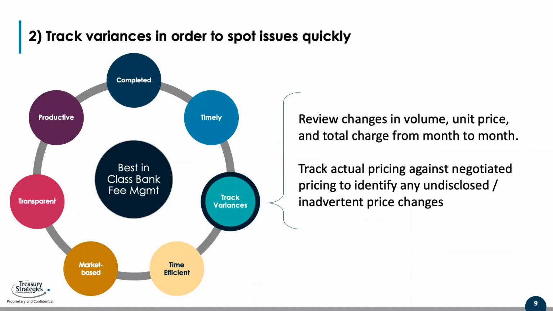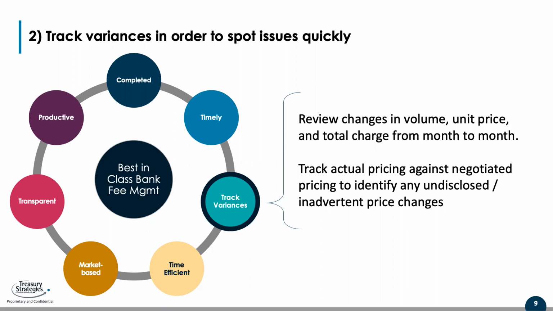Next up, tracking variances. So being able to identify a change from one period to the next and respond quickly. Also tracking your actual pricing against your negotiated pricing to be able to identify if there are any changes that inadvertently came through or any changes that weren't disclosed in advance. You want to be able to capture those and address them if there are mistakes present.